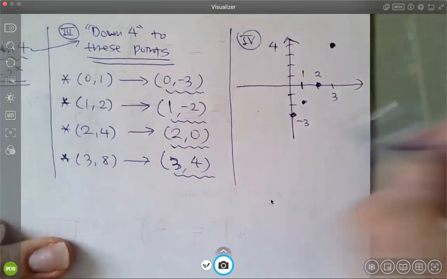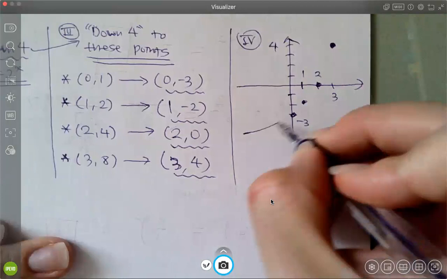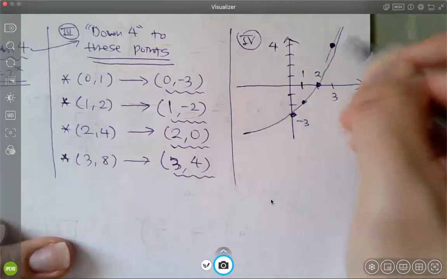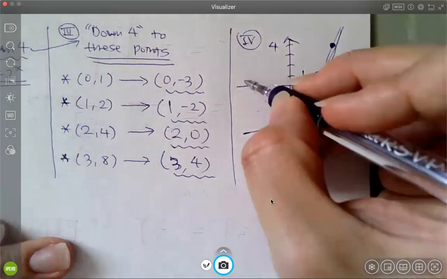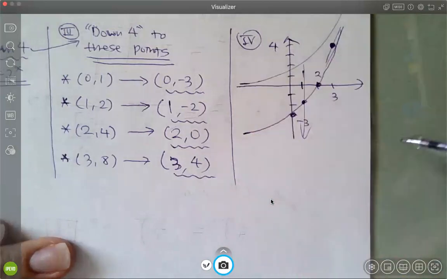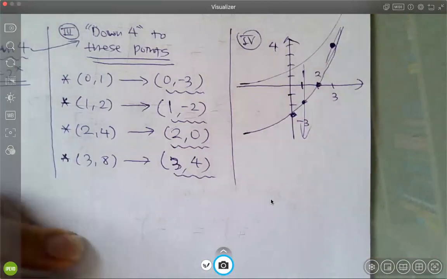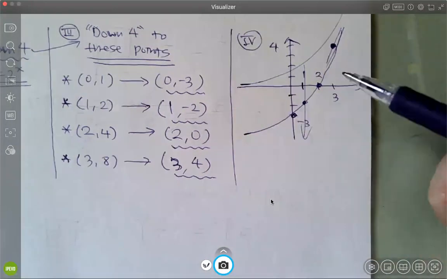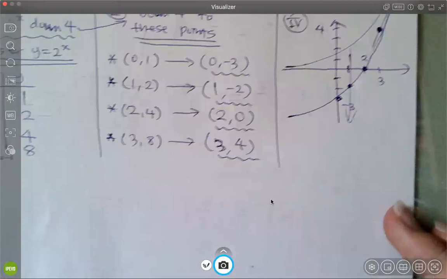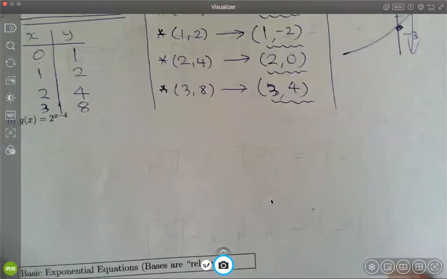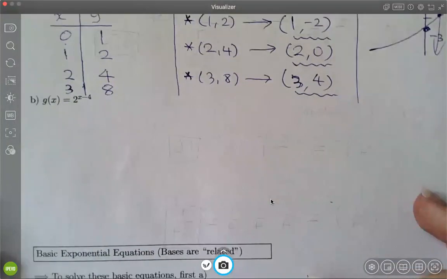Okay, so you can kind of guess that that is the curve, roughly, okay? And this graph is the graph that's been shifted down 4. The graphs don't quite match, but I'm a horrible artist, so there we go. Okay, so that's the graph, and then part B, 2 to the power x minus 4.